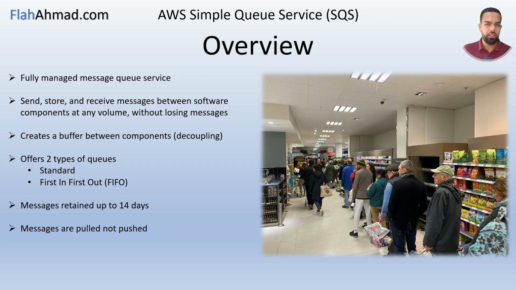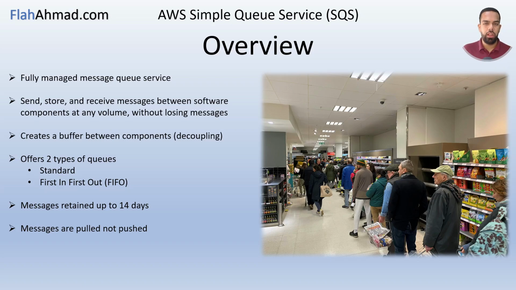Just to mention it, SQS offers two types of queues, a standard one and a FIFO queue. I'm not going to dive deep into the differences in this beginner's video, but for now it's enough to know that in a FIFO queue the order of messages is always ensured.